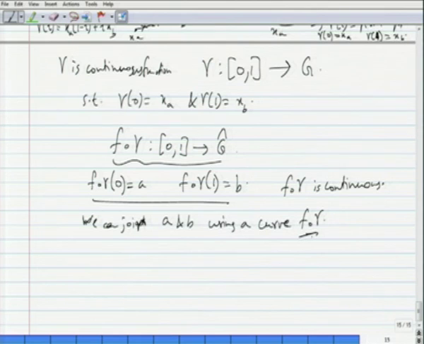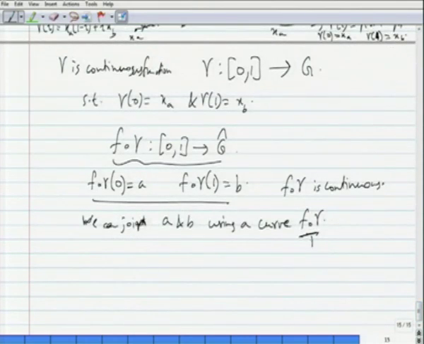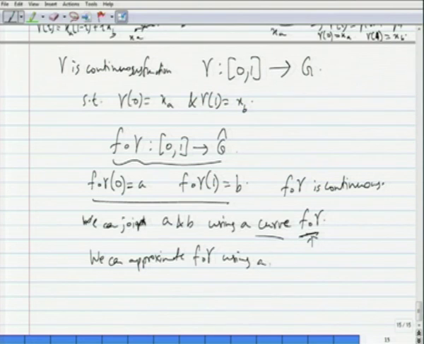Now, f circle gamma need not be a polygonal path, but once we have a curve joining A and B, we can correct it, we can sort of linearize it, so we can approximate f circle gamma using a polygonal path in G hat.